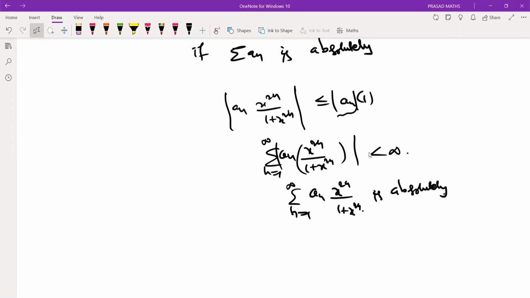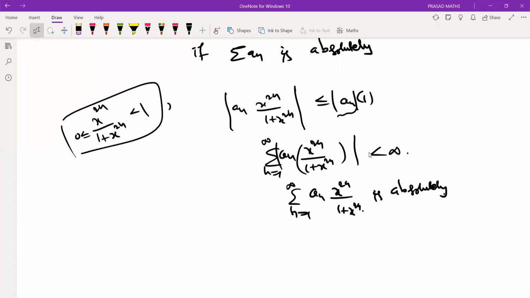Right? This is always bounded, non-negative, x square is there. Seeing such problems, we use supremum and infimum. This is bounded by 1 for every x. So therefore this is absolutely convergent. Okay.